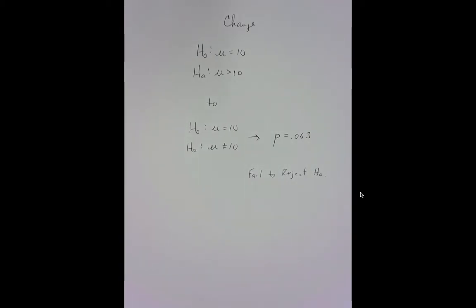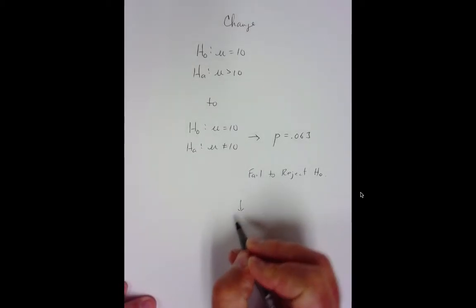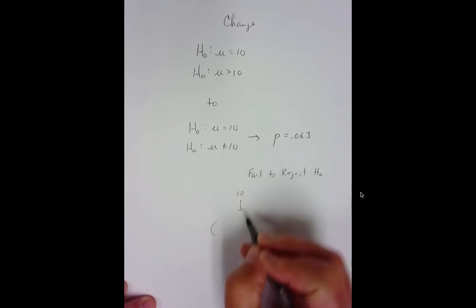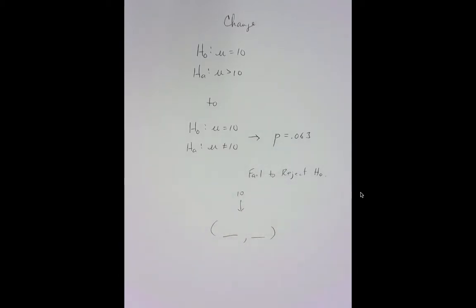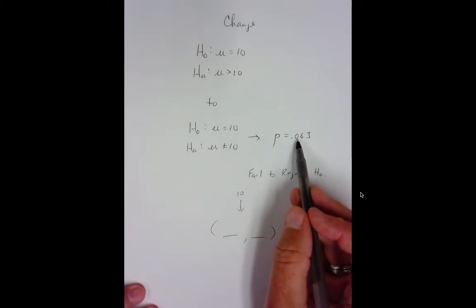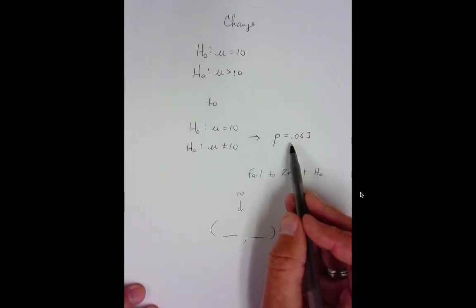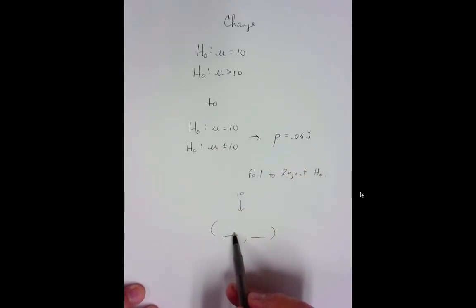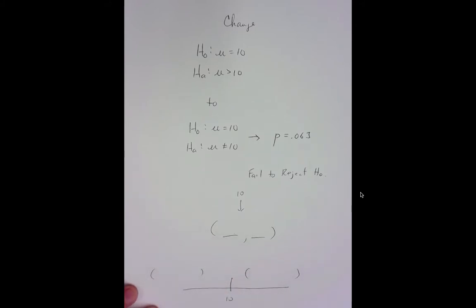So when we calculate our confidence interval, which we did earlier, 10 is going to be contained in our interval, which we saw it did. And if our p-value had been less than 0.05, then 10 wouldn't have been in our interval, so our whole interval would have either been above 10 or below 10.